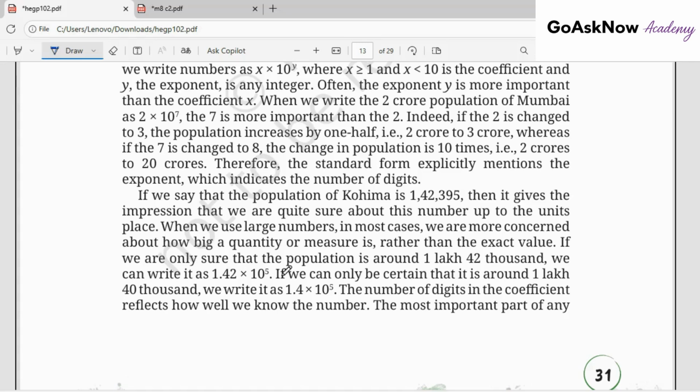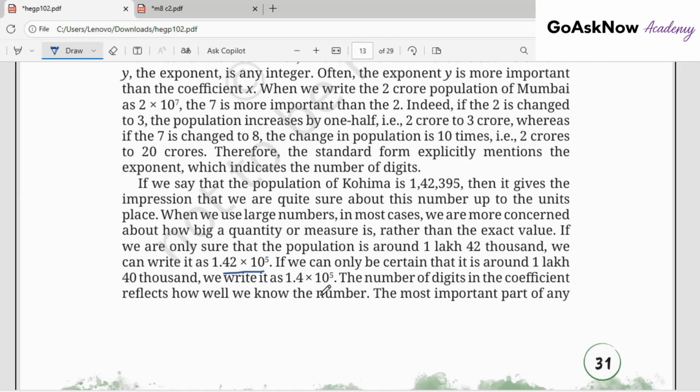If we are only sure that the population is around 1,42,000, we can write it as 1.42 into 10 power 5. If we can only be certain that it is around 1,40,000, we write it as 1.4 into 10 power 5. The number of digits in the coefficient reflects how well we know the number.